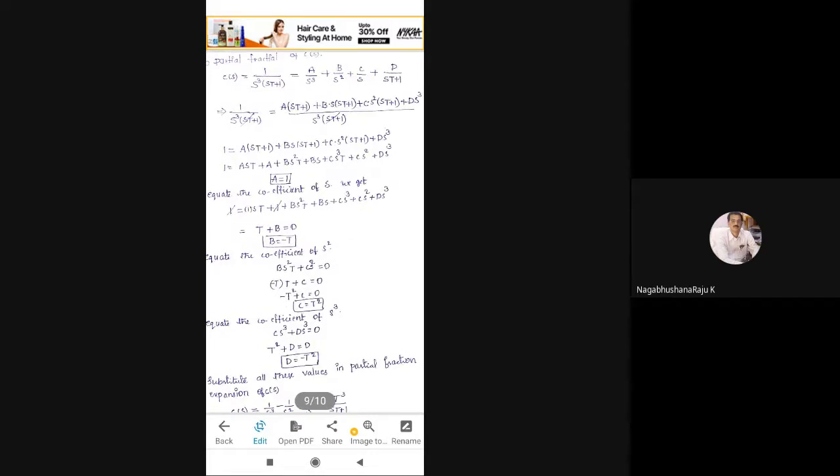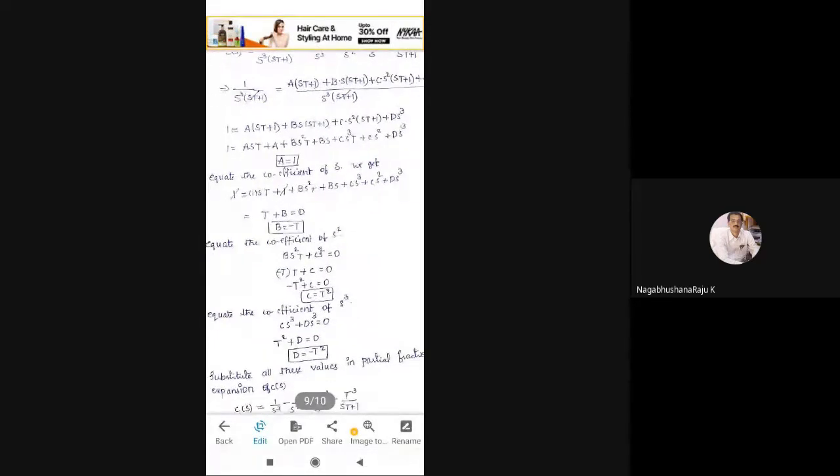The denominator terms get cancelled because both the terms are equal. By cancelling the denominator terms, we get 1 = A(sT+1) + Bs(sT+1) + Cs²(sT+1) + Ds³.